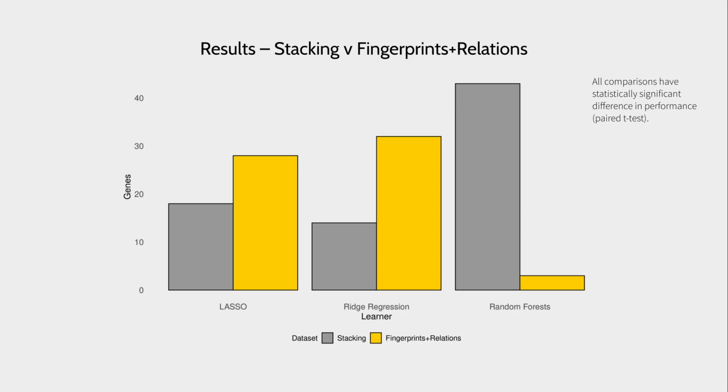So we took the predictions of the fingerprint dataset and the predictions of the relations dataset and just averaged them. And we found that for random forest, that tended to do better than concatenating the different datasets or using each dataset individually.